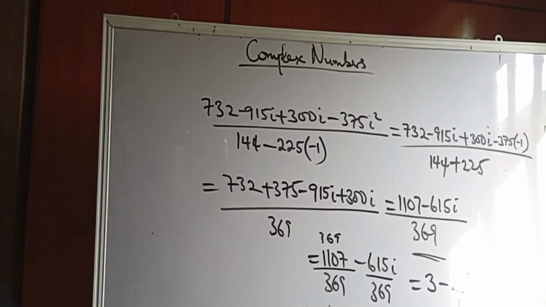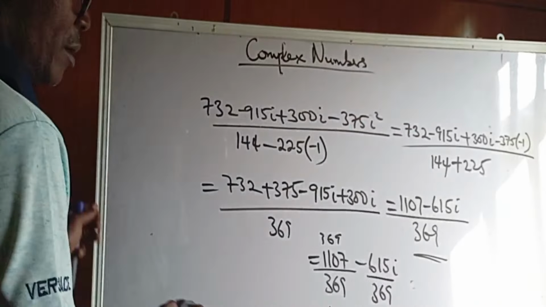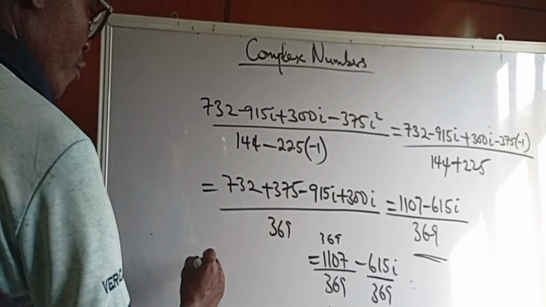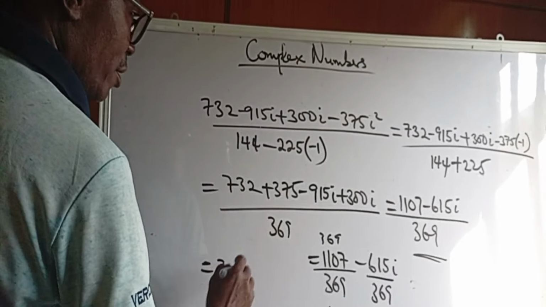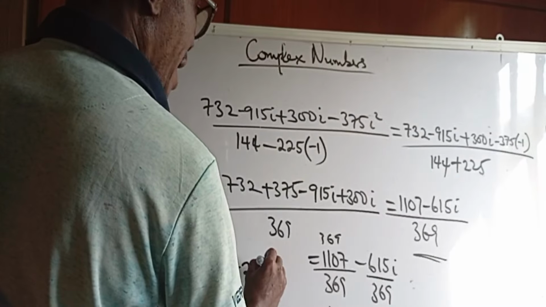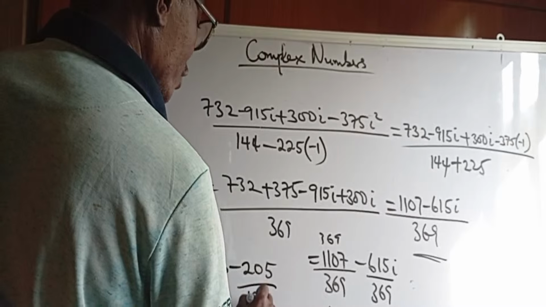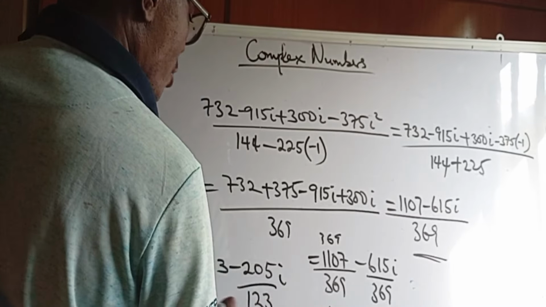The thing still appears not clear. Oh, you can't see the board. Wow. Okay, let me write it here then. 3 minus 205i all over 123. I hope you can see it now.